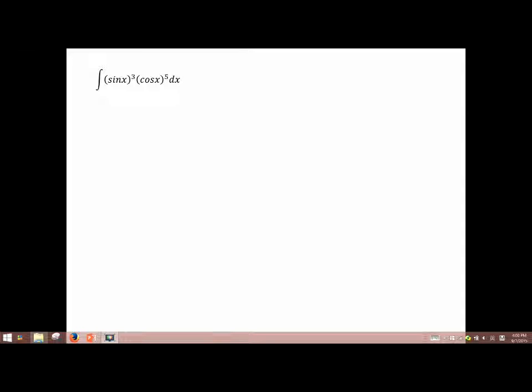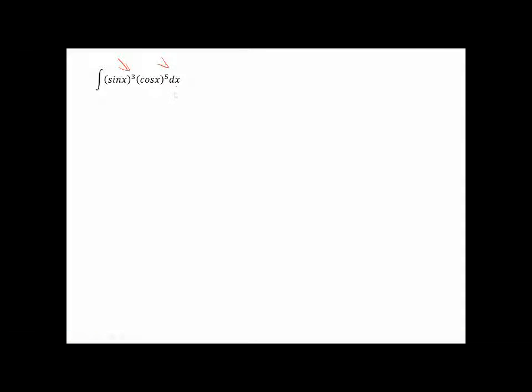Let's see this one. Integral sine x cubed cosine x to the 5th dx. Question is all about sine x and cosine x, and I want to find a positive odd number, which is, they both carry a positive and odd power, 3 and 5, right?